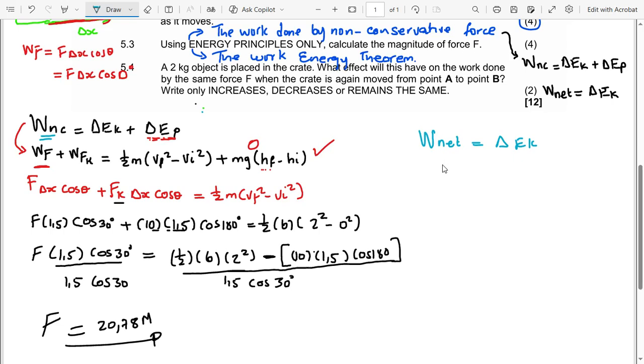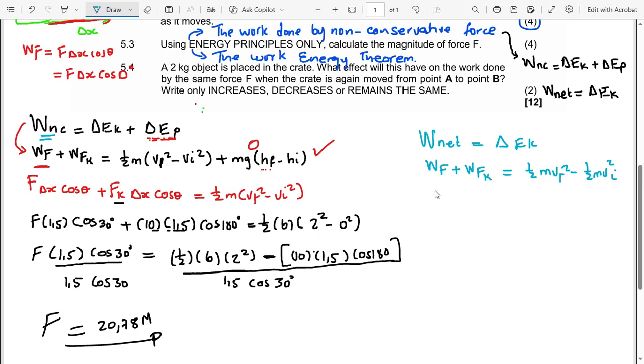The net work done, we need to find the net work done by F. We added that with the net work done by frictional force. Equate this to the change, which is 1 over 2, and then this will be my mvf squared minus my 1 over 2 mv squared initial.